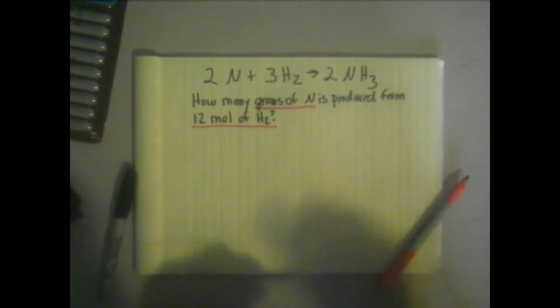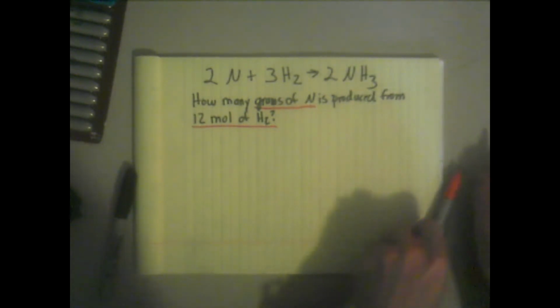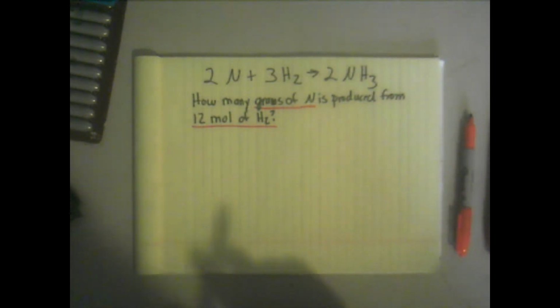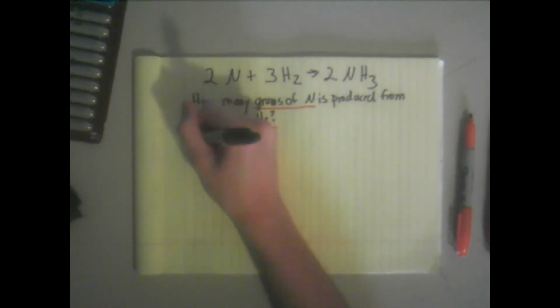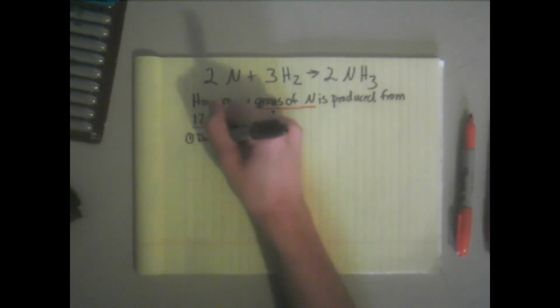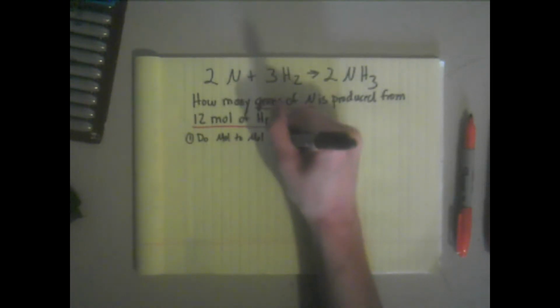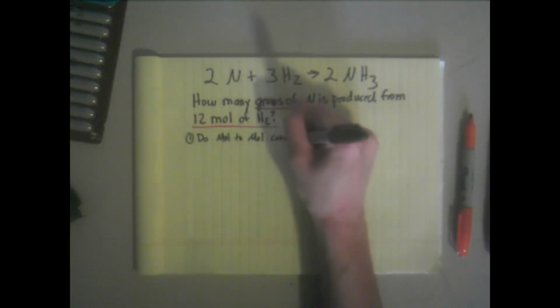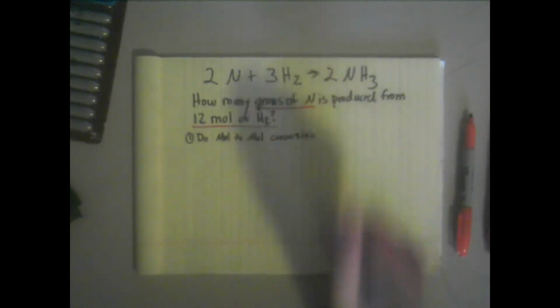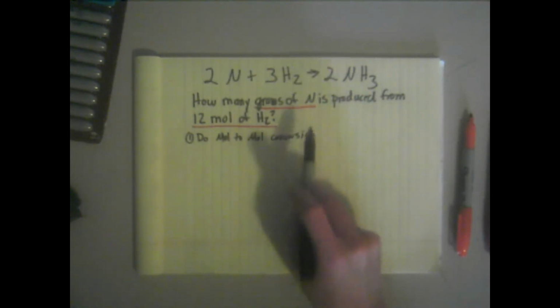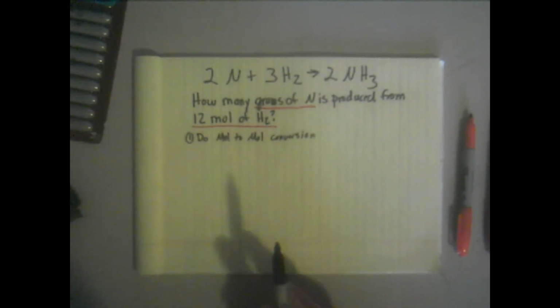So note from before, we talked about a couple of steps we should do. The first step we should do in this case is do a mole to mole conversion first. In this case, we know that we're going to be going from what to what?